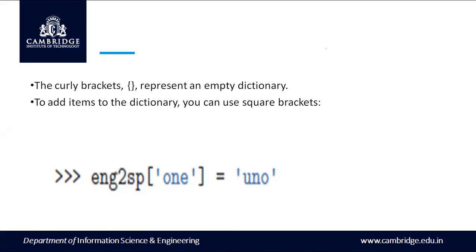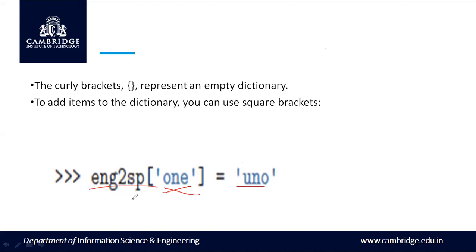To add items to the dictionary, we can use the square brackets. Here you can see in this example, this is our dictionary, English to Spanish. By using the square brackets, you can add items to the dictionary. Here my key is 1, which is represented in single quotes. The value for this key 1 is uno.